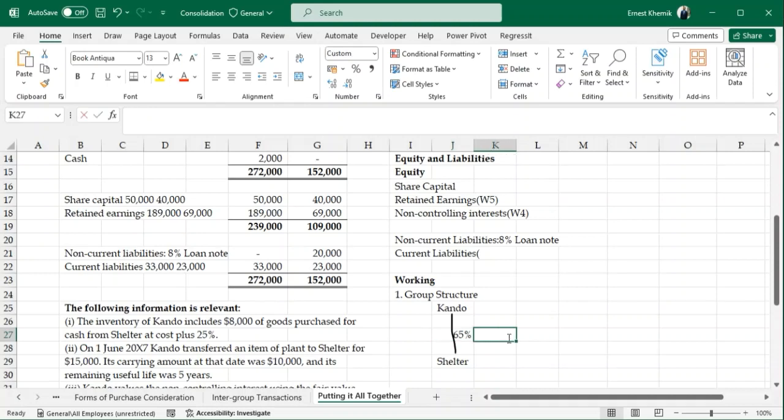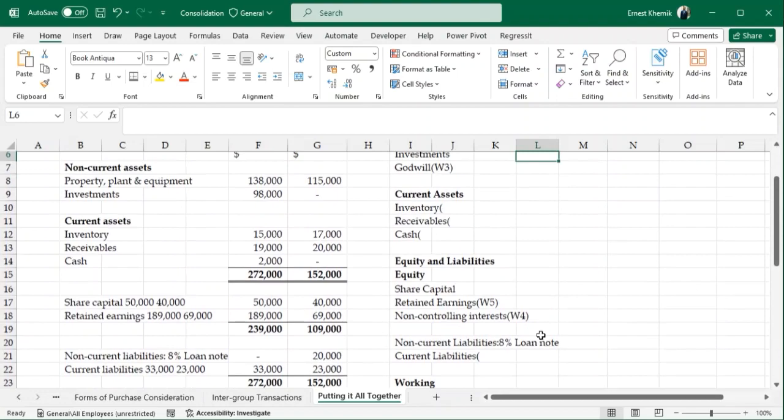And so our NCI will be equal to the difference between 65% and 100%, and that is 35%. So our NCI is 35%, and this occurred on 1st May 20x7. So let's go back and read that.